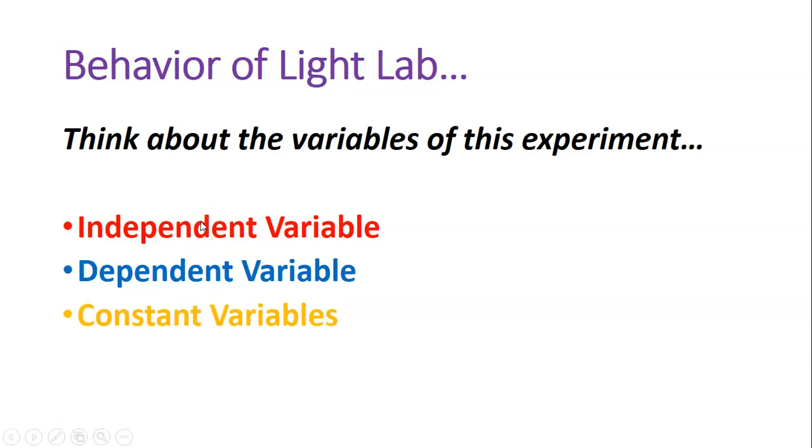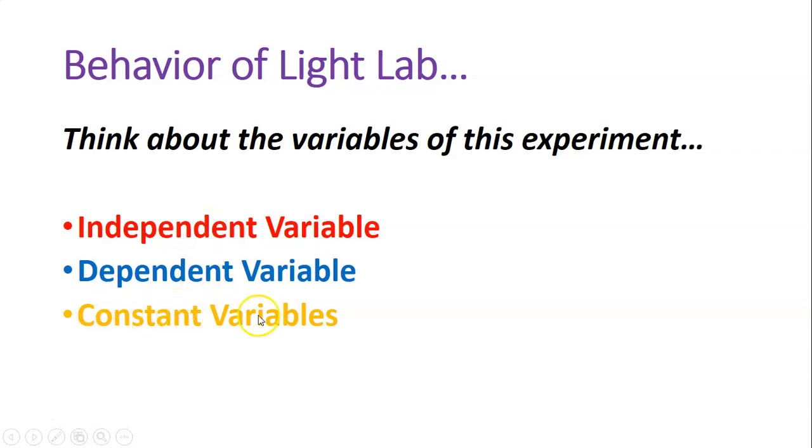And then the constant variables are things that are required in an experiment to make the experiment reliable, trustworthy, and fair. Because if something happens to the dependent variable, you want to be confident that the reason or cause for that certain observed behavior was due to the independent variable, the one and only thing you changed.